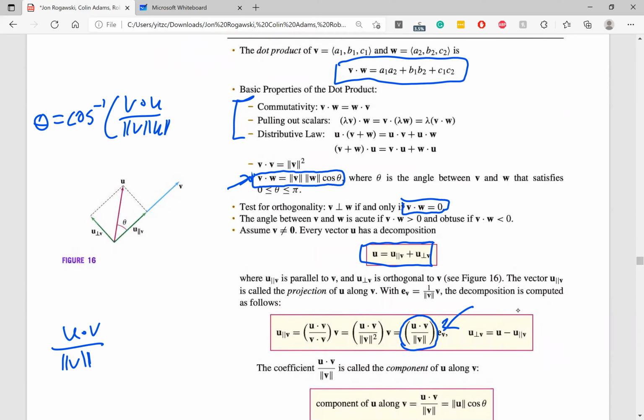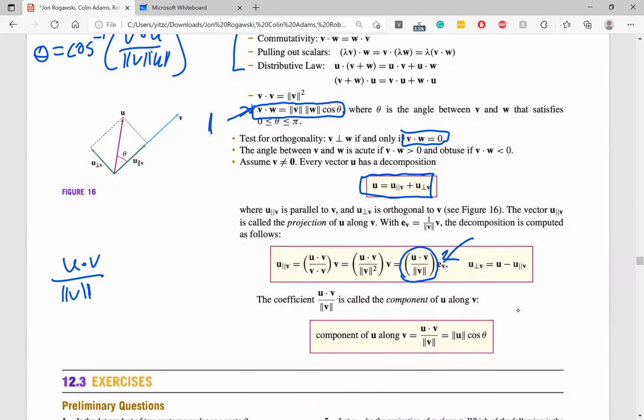Okay, some lines are missing. Anyway, so how to recover the angle formula. So that's 1. And then the second formula to remember is this formula.